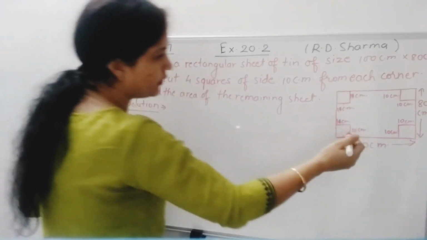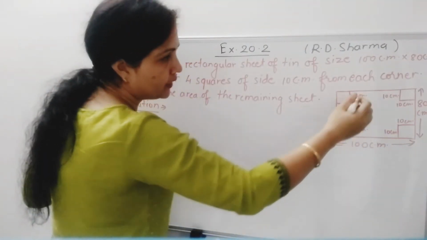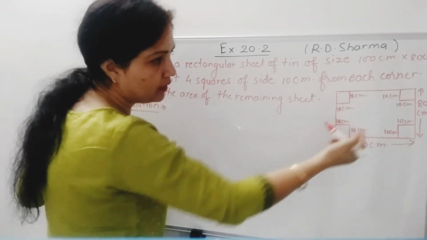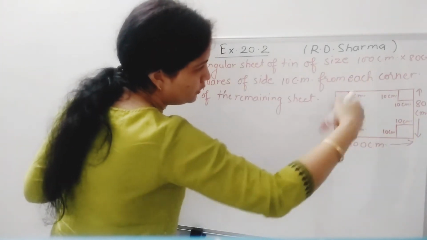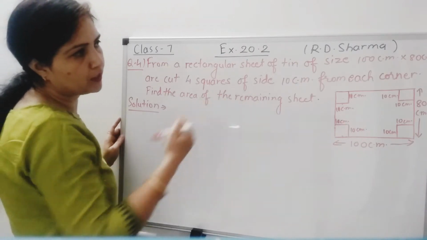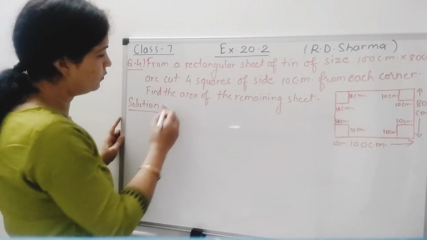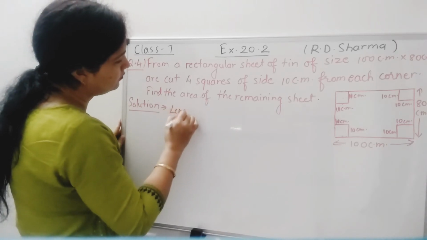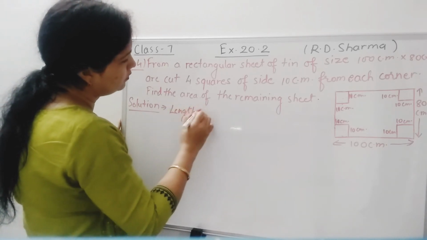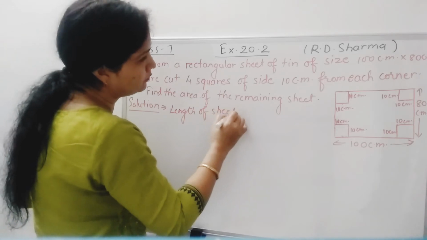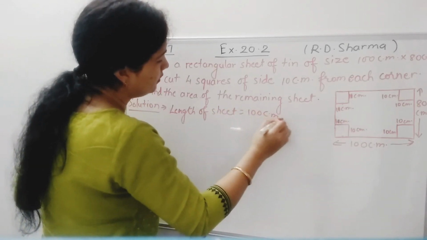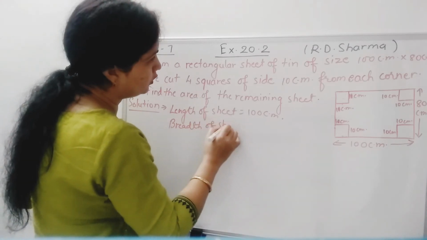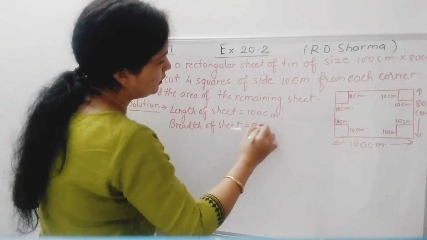So it's very simple. First you find out the area of the whole sheet, then find the area of one square and multiply it by 4 because they are the same. Then if you subtract these areas from the whole sheet, you will find the area of the remaining sheet. So first the length of the sheet is 100 centimeter and the breadth of the sheet is 80 centimeter.